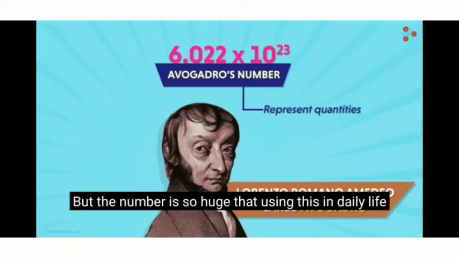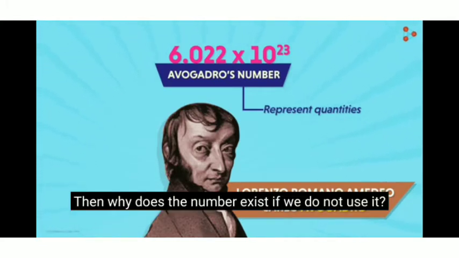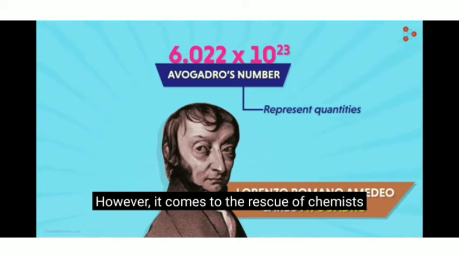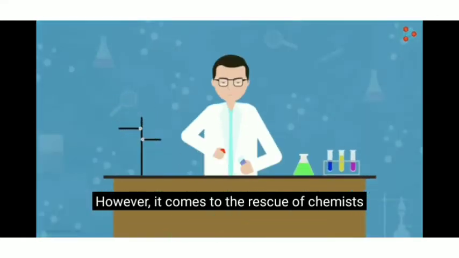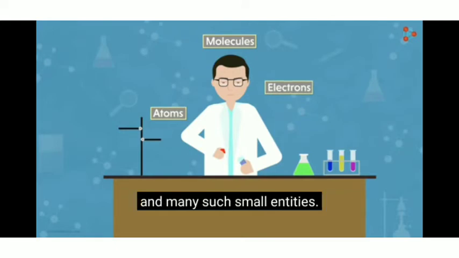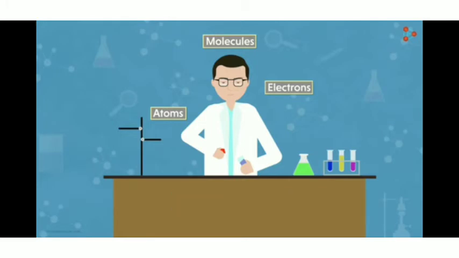But the number is so huge that using it in daily life is not practically possible or advisable. Then why does the number exist if we do not use it? It comes to the rescue of chemists who work with atoms, molecules, electrons and many such small entities. That is the reason why it is used to calculate 1 mole of any substance.